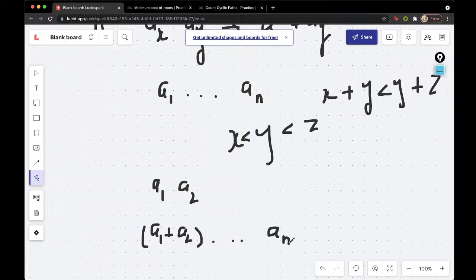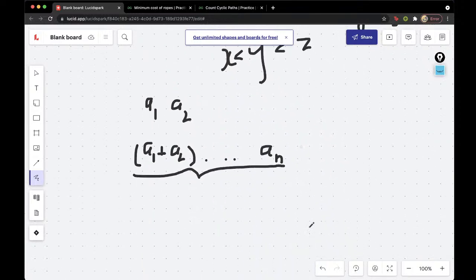Now this problem is reduced again to just picking the minimum two elements from this newly formed set. Once we do this operation n minus 1 times, we will have the minimum cost.